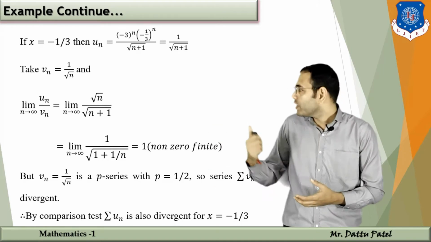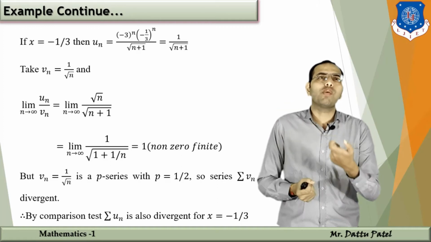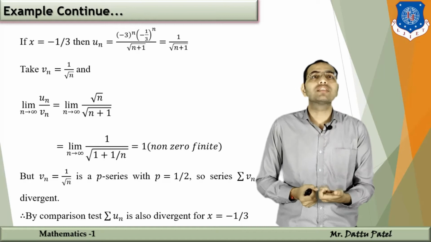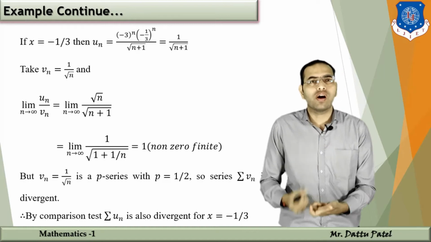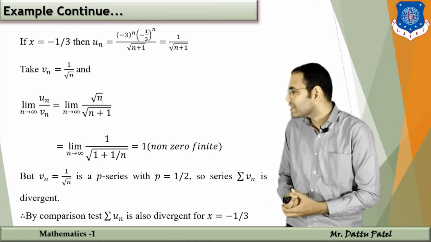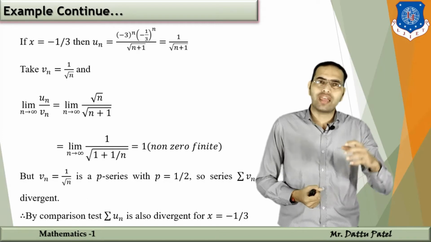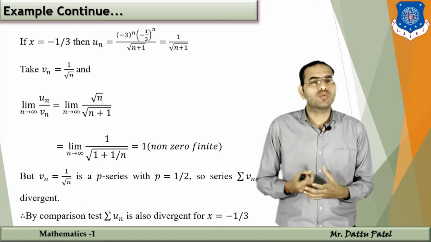Now here v_n equals 1 upon root n, which is n raised to 1 half, so the value of p is 1 half, which is less than or equal to 1, so we can say that the given series is divergent according to the p-series. Here either both series converge or diverge together.